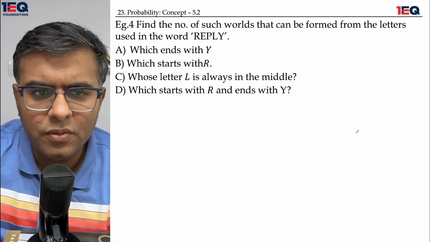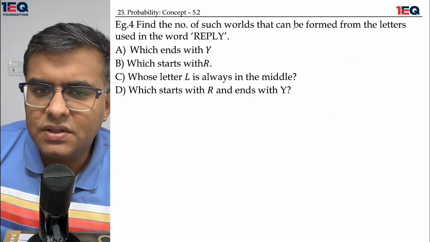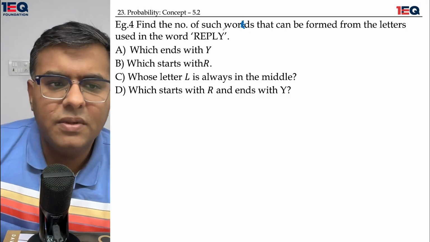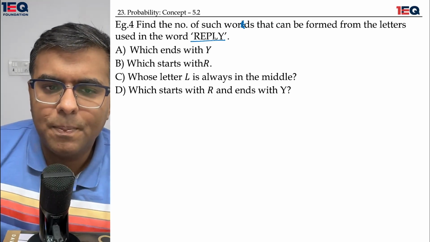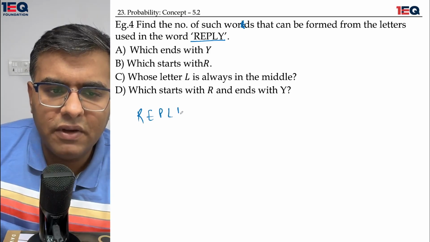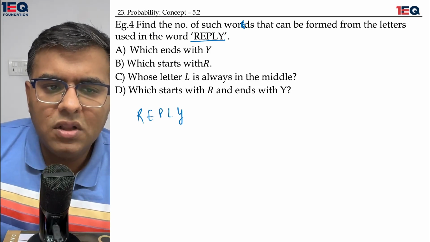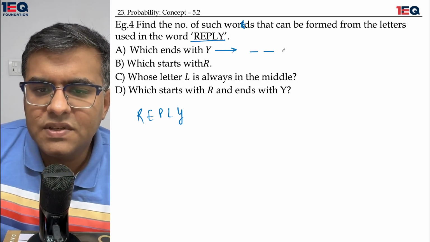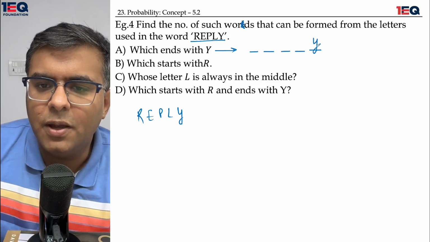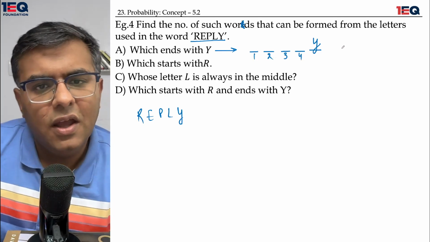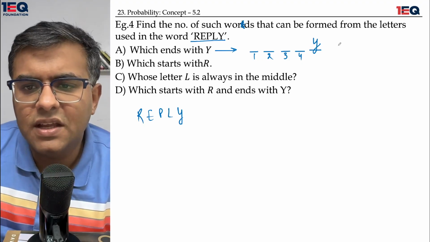All right, moving on. Find the number of words that can be formed from the letters used in the word REPLY. These are all distinct words. Now, all the words which end with Y. There are four spaces, and the last letter has been fixed as Y. This means in four spaces, any of the four letters can come.